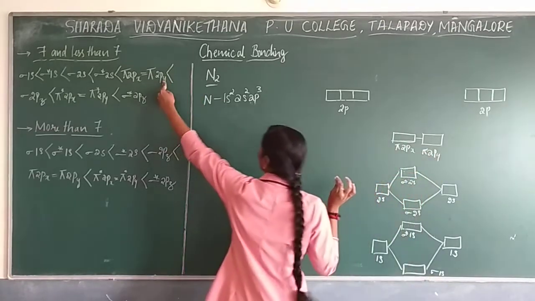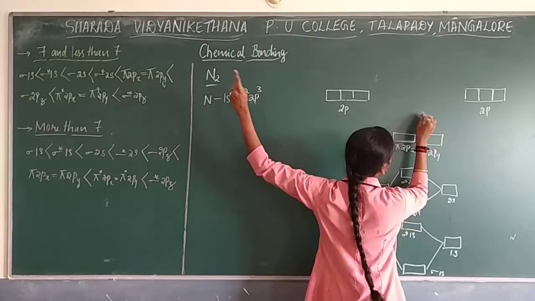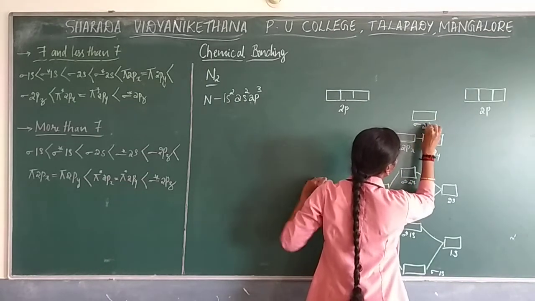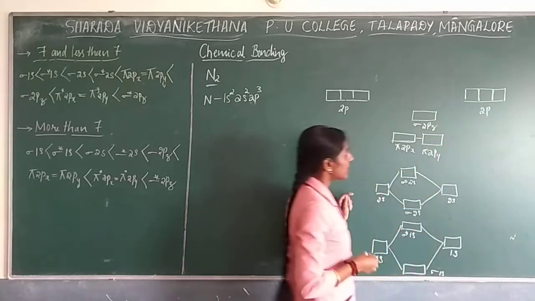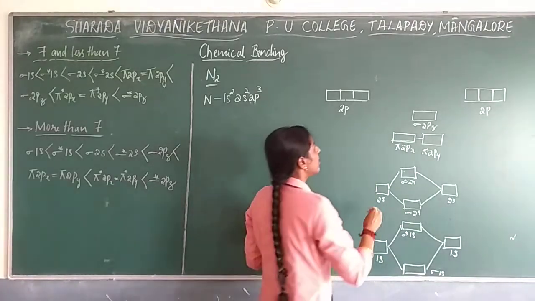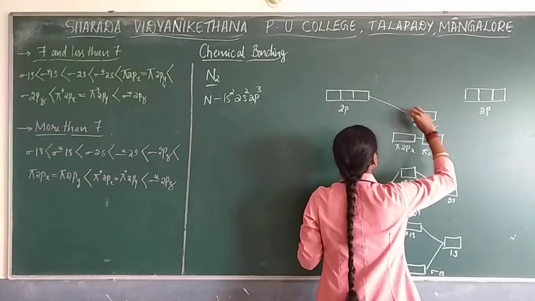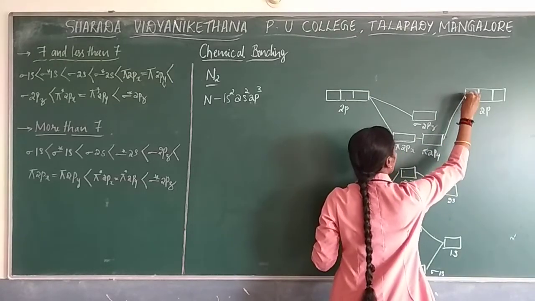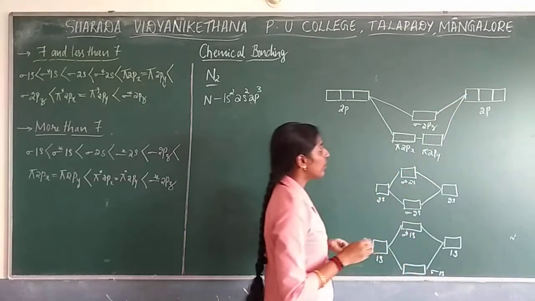Next to it, what will come? That is sigma 2pz. So this is nothing but the bonding molecular orbital, and you need to connect with this.